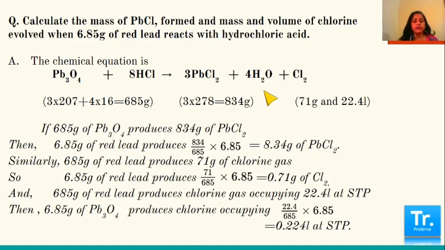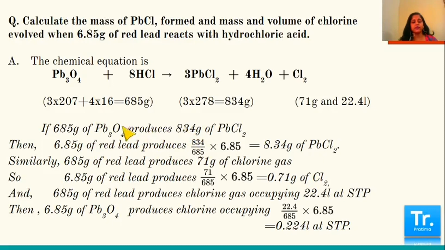So here we are asked about the salt formed and chlorine evolved, so we have calculated both. Now in the question we are not given 685 gram which is needed, we are only given 6.85 gram. So if 685 gram of red lead is reacting, how much salt is produced? 834 gram. So if 6.85 red lead is reacting, how much salt will be produced?